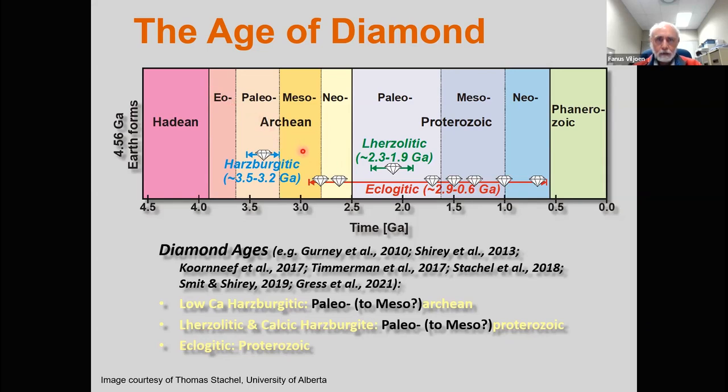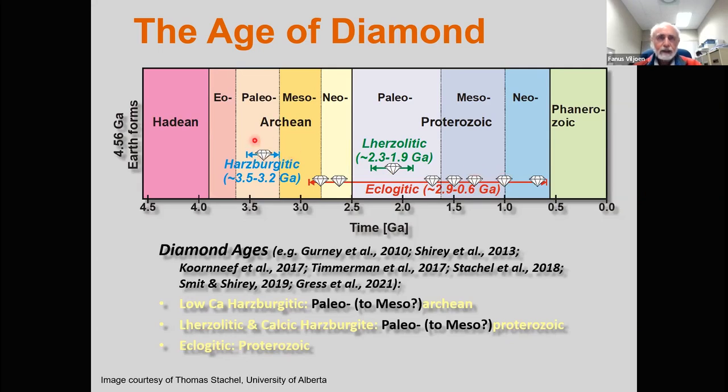Temperatures started to drop until we got to about here in the late Archean, by which stage it was possible for subduction processes to start taking hold at the Earth's surface. And hence, at that time, we were subducting oceanic crust into the base of the lithosphere, and hence there is the option for eclogitic diamonds to start forming in the late Archean and particularly in the Proterozoic.